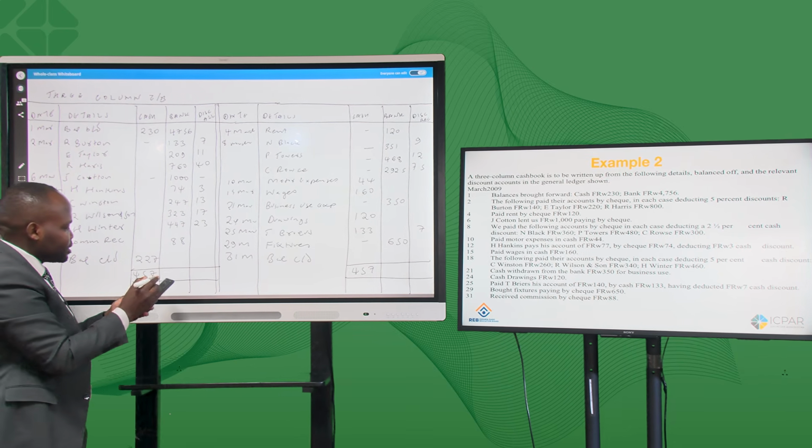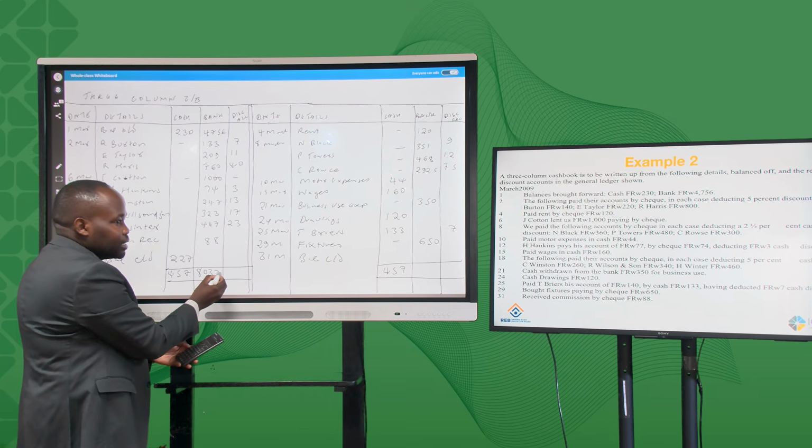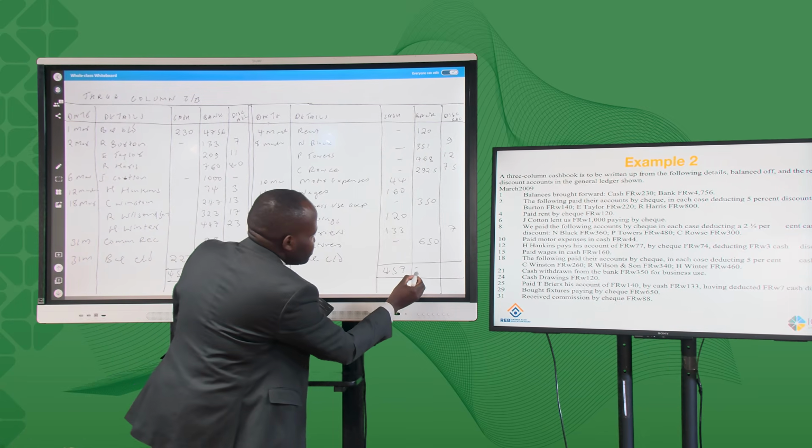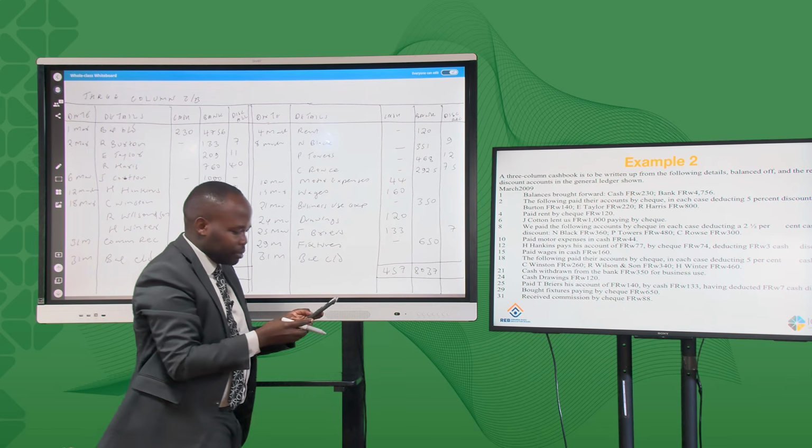It gives us 8,037. 8,030, and then we remove those items.